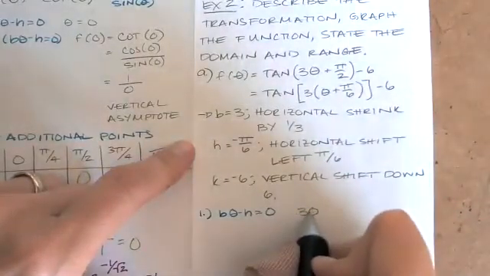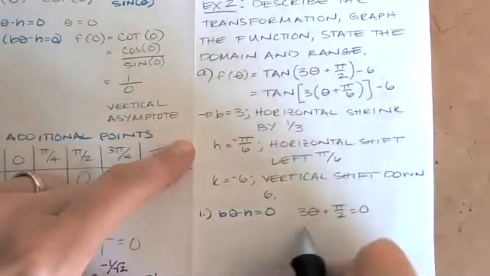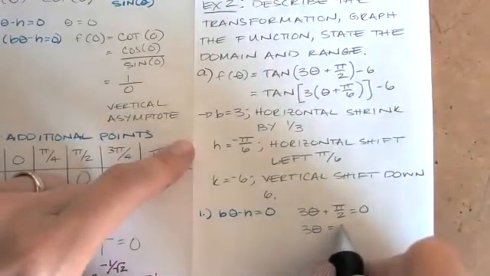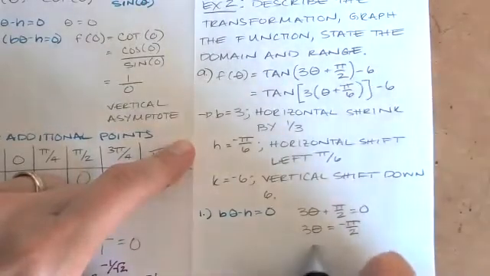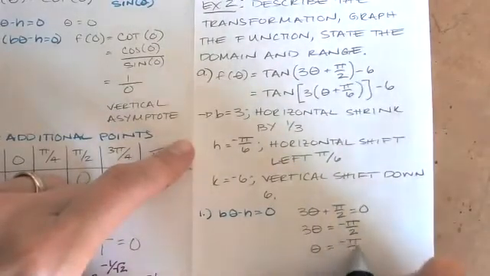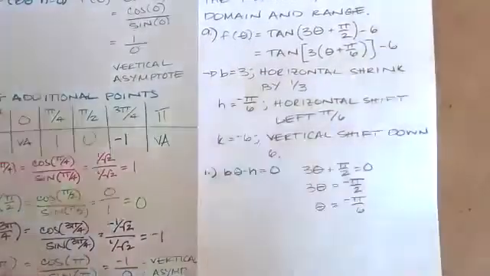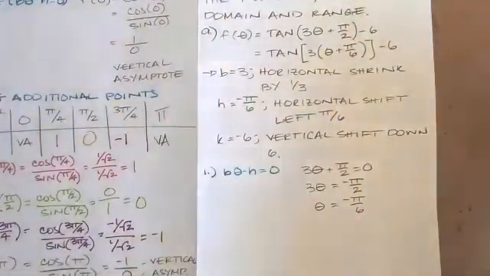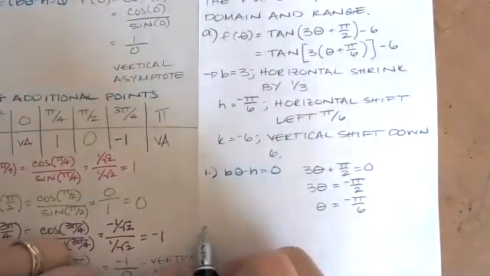If I start with 3 theta plus pi over 2, I set that equal to 0, I get 3 theta equals negative pi over 2, and theta equals negative pi over 6, which is what we set up here. It's nice to have that affirmed. We're on the right track. What we predicted would happen is definitely what's going to happen.